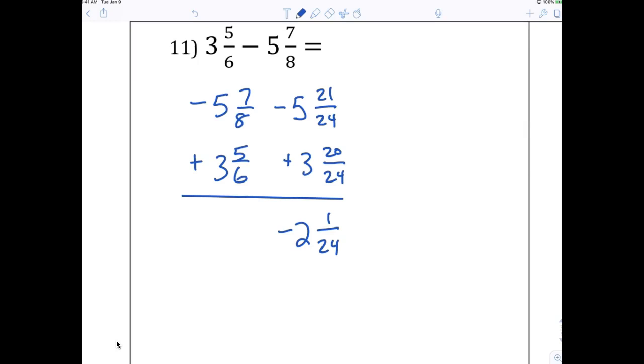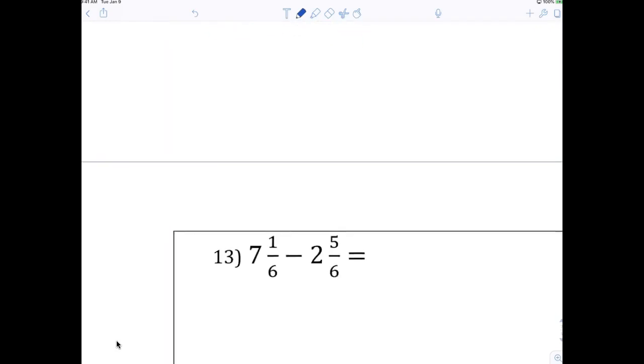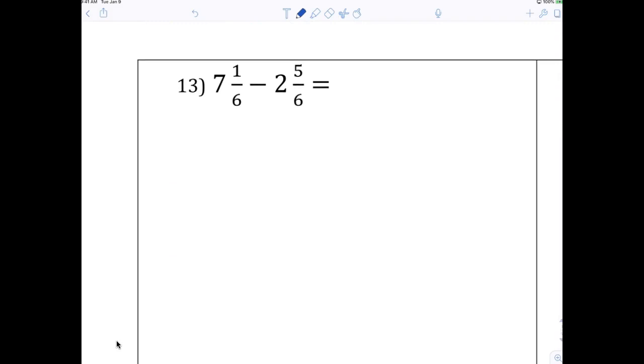All right, let's check out number 13. I'm definitely subtracting. I know my answer is going to be positive, so I'm going to put the big number on top: 7 and 1/6 minus 2 and 5/6. Do I have a problem? Yes, I have to borrow. Those of you who paid attention yesterday, this is no problem. We cross out the 7 and make it a 6.